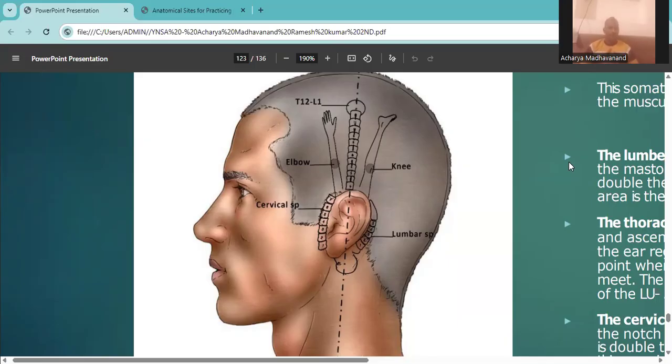When you put 3 fingers, you see my palm. You put this area from where your finger starts on top of your ear.